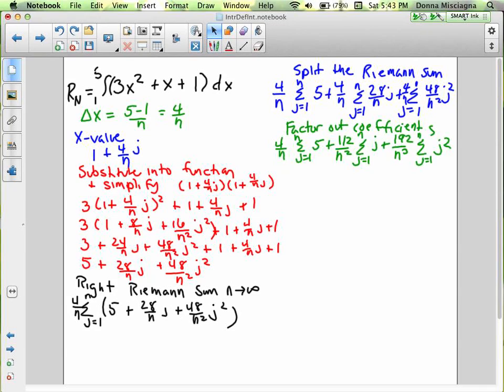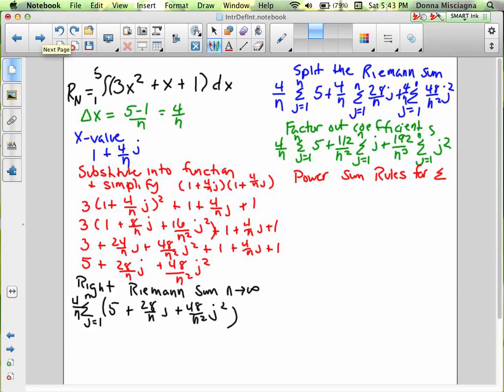At this point, we switch to the power sum rules for sigma. Those j's now are going to become n's when we switch over to the power sum rule. There will be no sigmas.